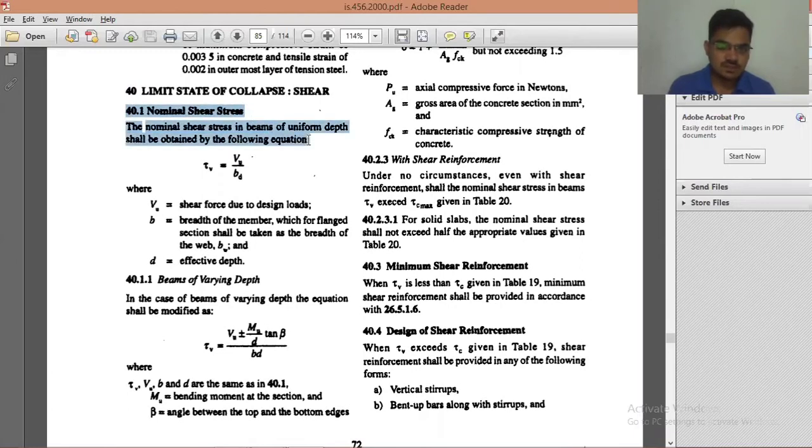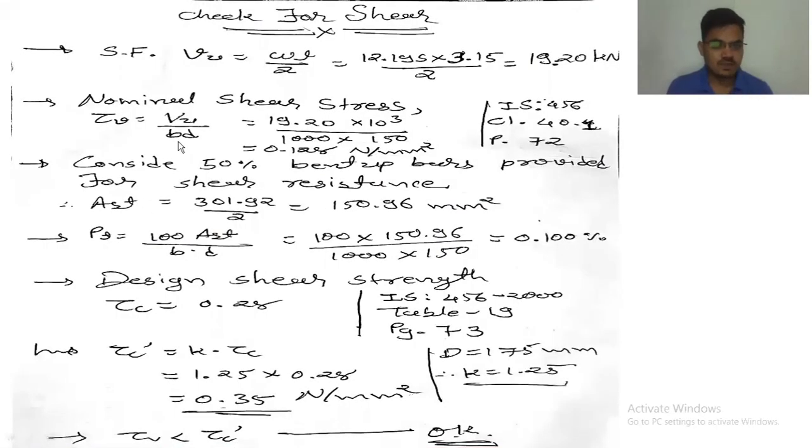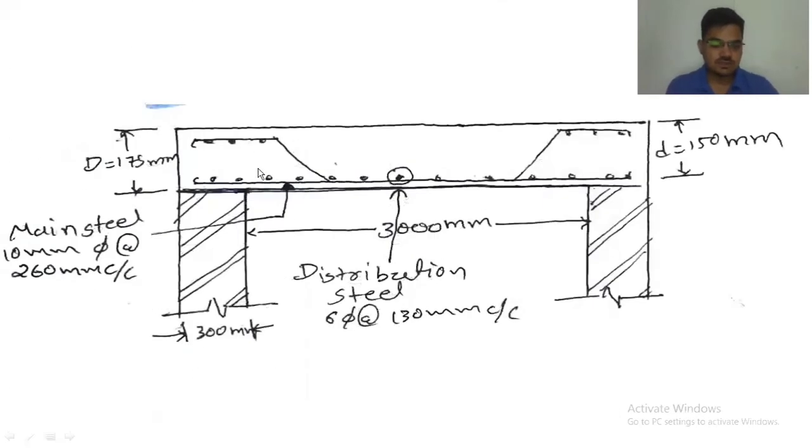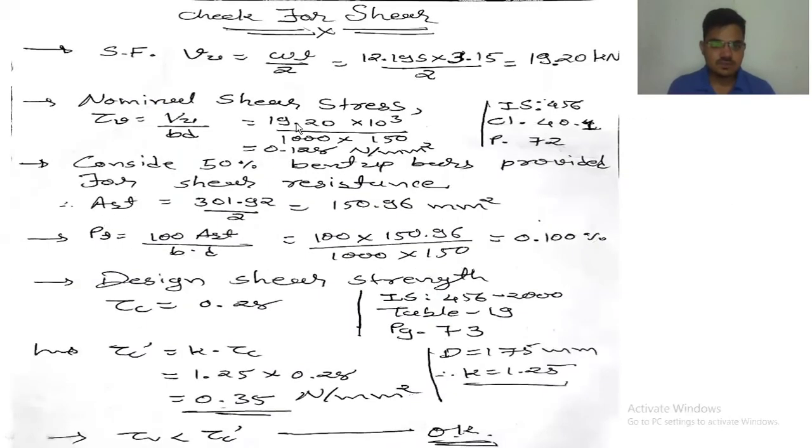The nominal shear stress in beams of uniform depth shall be obtained from the following equation: tau b is equal to Vu upon bd. Shear force is 19.20 kilonewton. I am converting into Newton, and b is 1 meter and depth is 150 mm. So tau b is 0.128 Newton per mm square.